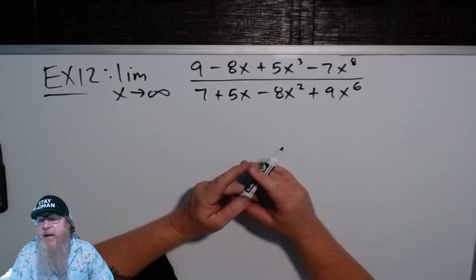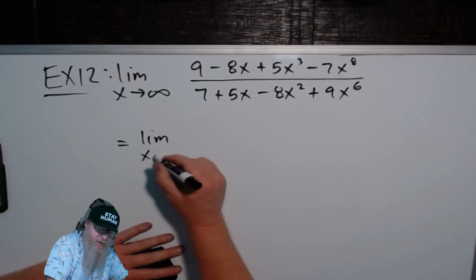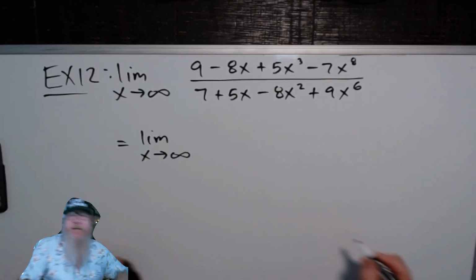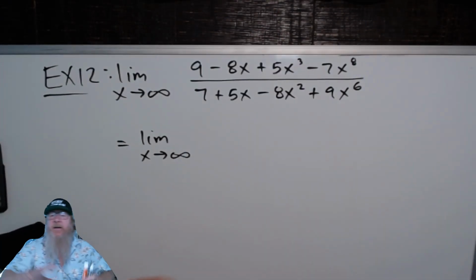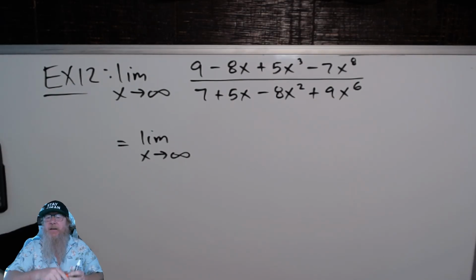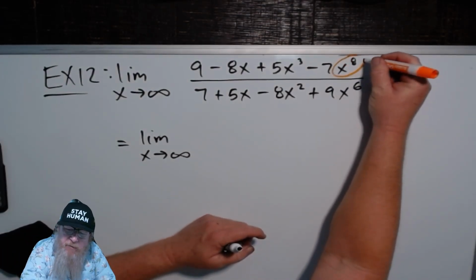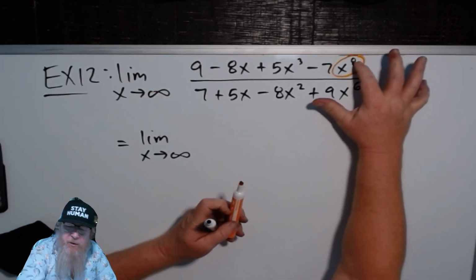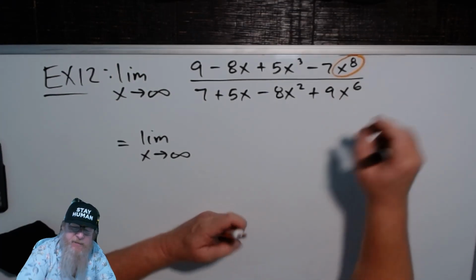In the interest of time, I'm going to talk my way through the dividing step, as I presume many of you will do. So this is sort of the quick way. As long as you're careful, you can get away with this. So the largest power is x to the 8th.